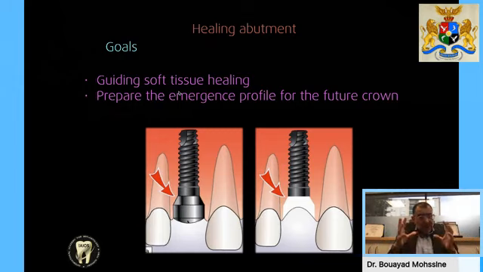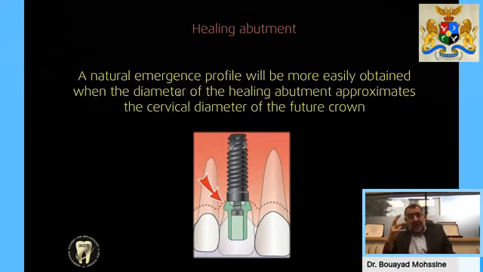The goals of the healing abutment are to guide the soft tissue healing and to prepare the emergence profile for the future crown. A natural emergence profile is more easily obtained when the diameter of the healing abutment approximates the cervical diameter of the future crown. They guide us to have a good profile of the future crown.